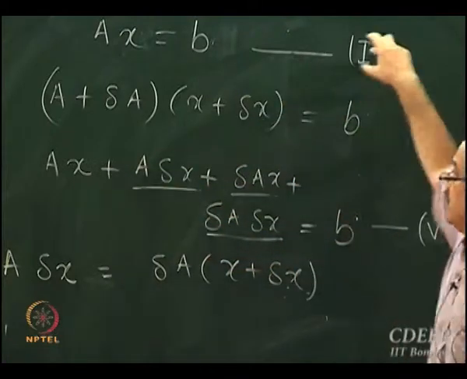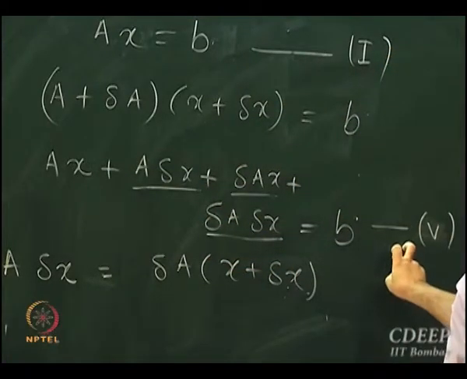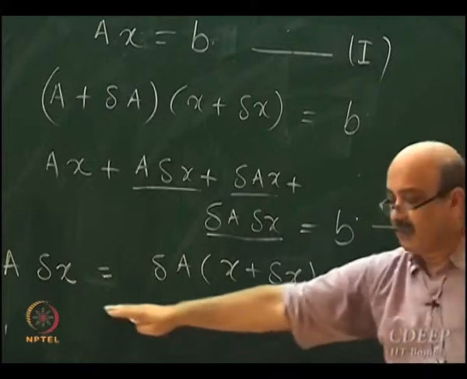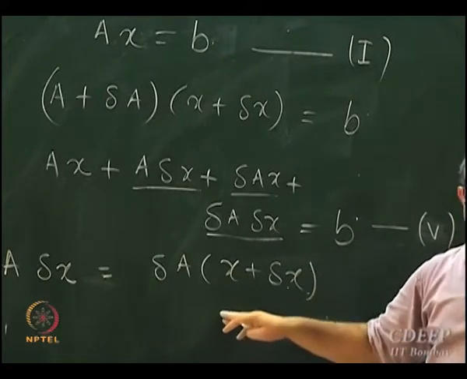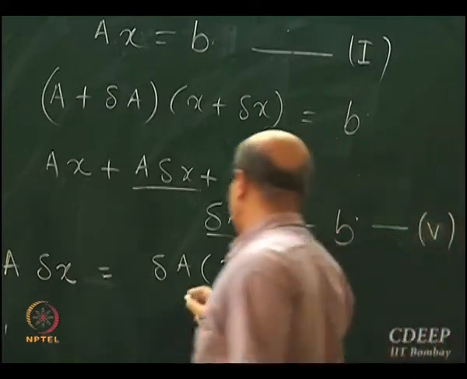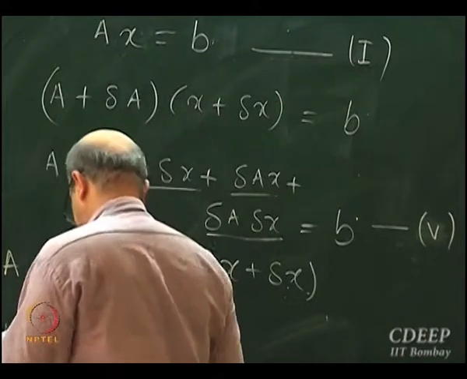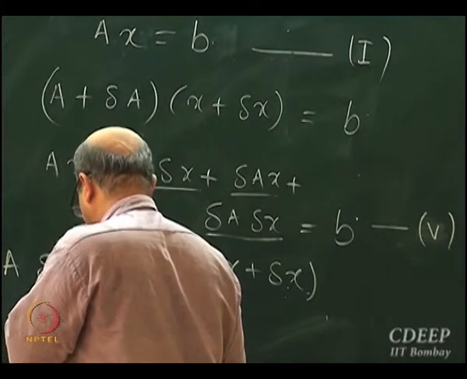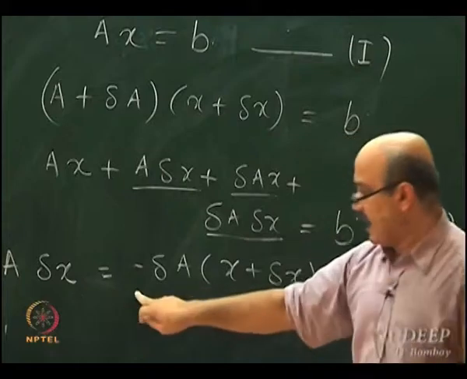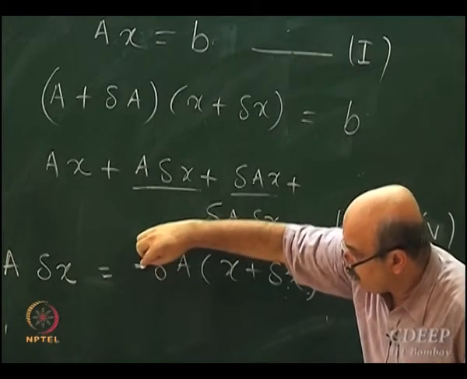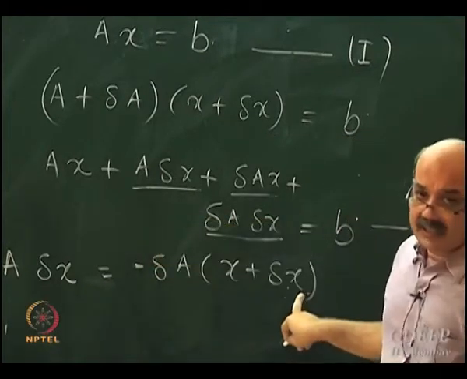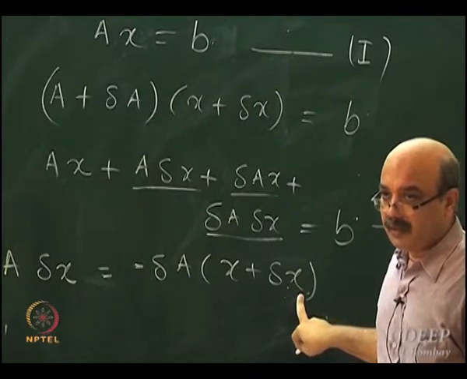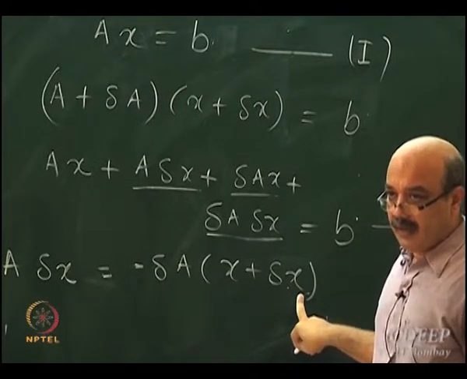If I subtract this equation from this equation, then what remains is A delta x is equal to minus delta A times (x plus delta x). Okay?